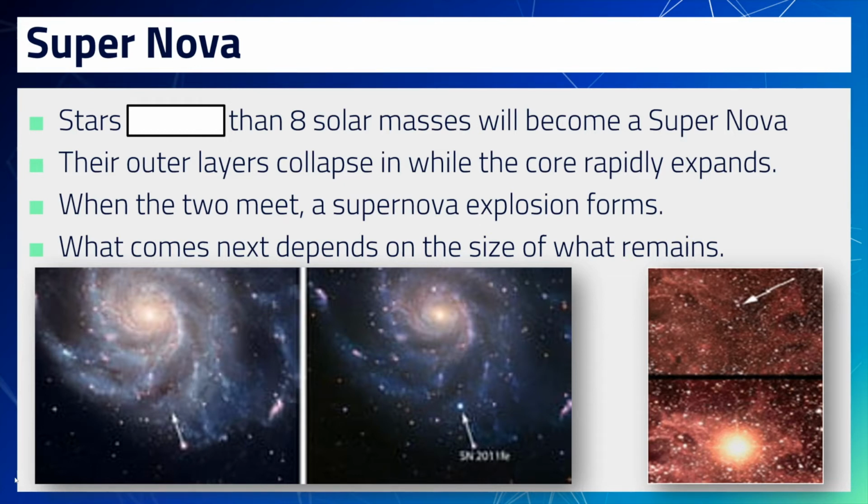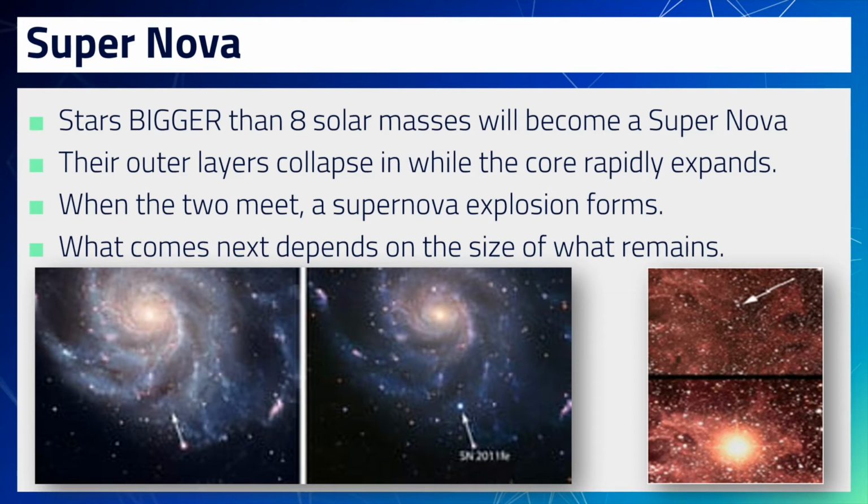However, if you have a star that is more than 8 solar masses, so 8 times the size of our Sun or bigger, those are the stars that are going to become supernova. And supernovas happen because instead of the outer layers spreading off like it would happen in a planetary nebulae, they actually collapse inwards. So in these very, very big stars, their outer layers at this point start to move inwards.